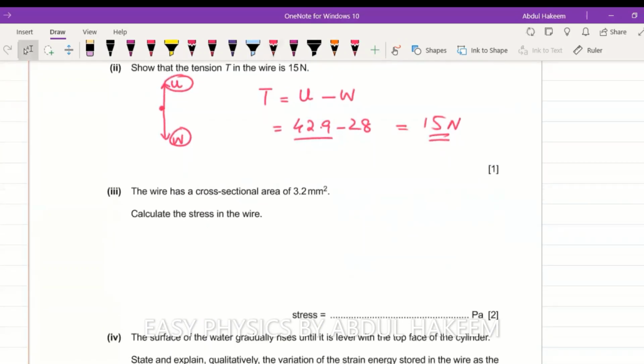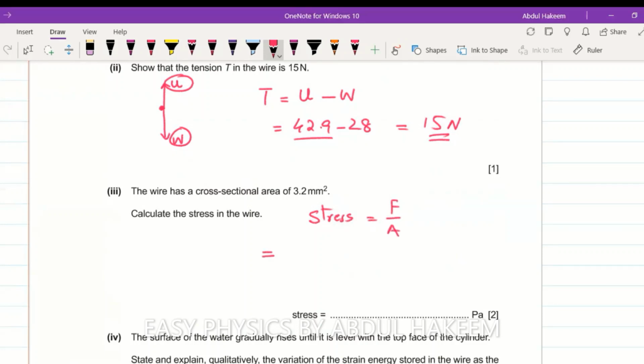Next, the wire has a cross-sectional area of 3.2 millimeters square. Calculate the stress. Look, the stress is equal to force divided by area.